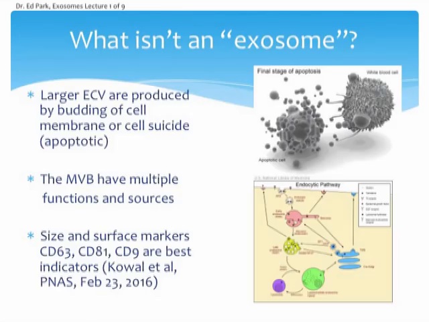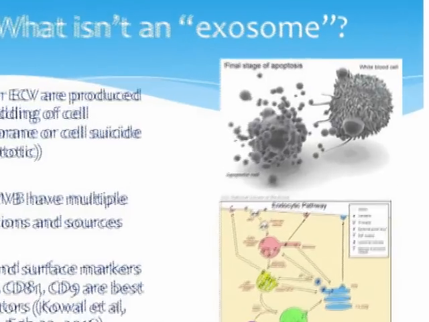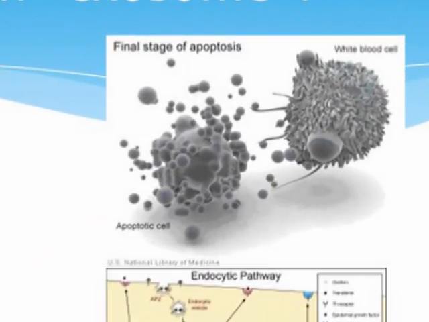So what isn't an exosome? Again, as shown in the last slide, the larger extracellular vesicles produced from budding of the cell, or even cell suicide, are not what we're generally calling exosomes. You can see in this scanning electron micrograph that you have a white blood cell attacking a damaged cell, presumably, and you see it disintegrating into a bunch of tiny blebs.